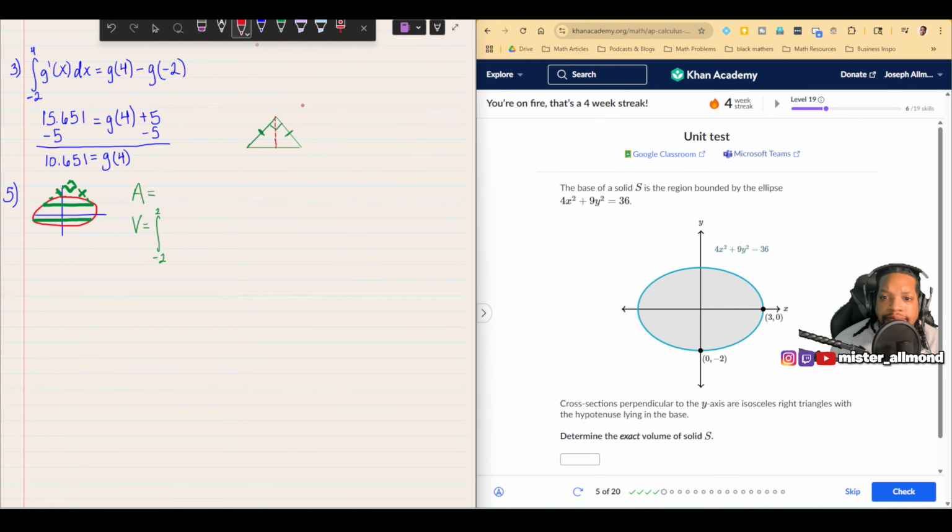So I know this distance right here is half of my base. And let's see here. If I want that distance, they don't give us any formulas either, do they? Nope.